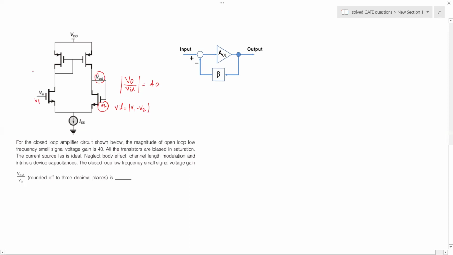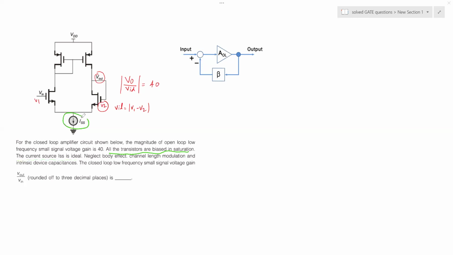So the second assumption here is that all transistors are biased in the saturation region. So these transistors are biased in the saturation region. Okay. And we have said that the current source is ideal.